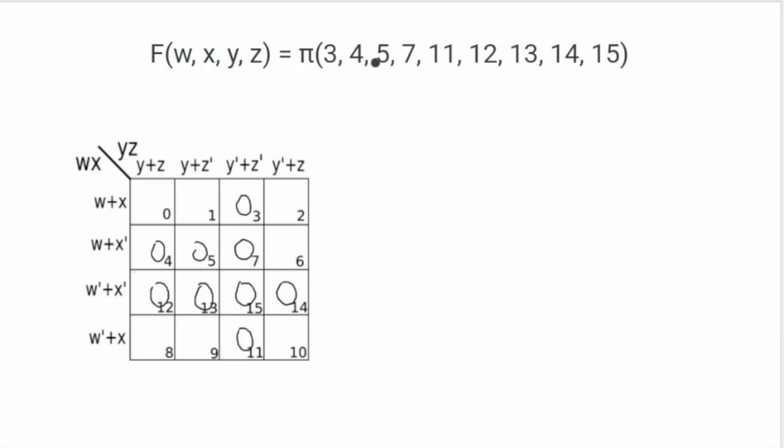Let's confirm. 3, 4, 5, 7, 11, 12, 13, 14 and 15. Now in this case we cannot form an octet because we don't have sufficient number of zeros at one place, but we can definitely form 3 quads.